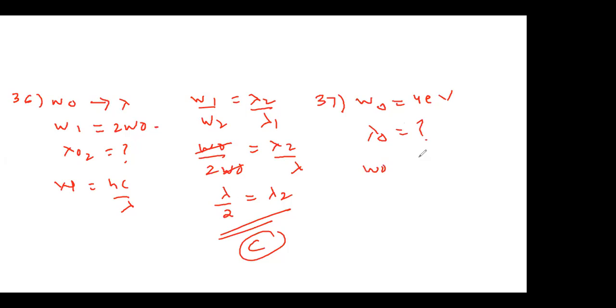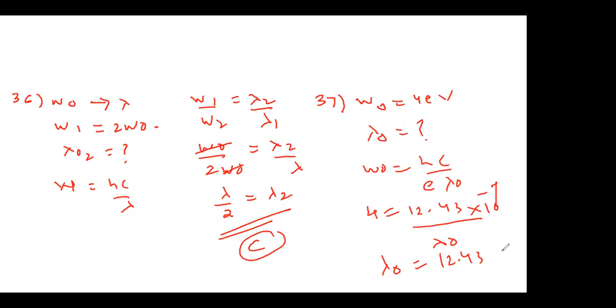So again, same concept I said, hc upon e lambda 0. So 4 equals 12.43 into 10 raised to minus 7 upon lambda 0. Lambda 0 is 12.43 into 10 raised to minus 7 upon 4.